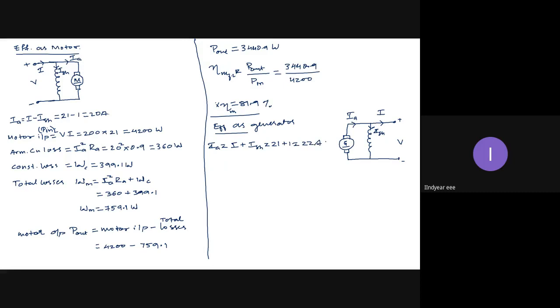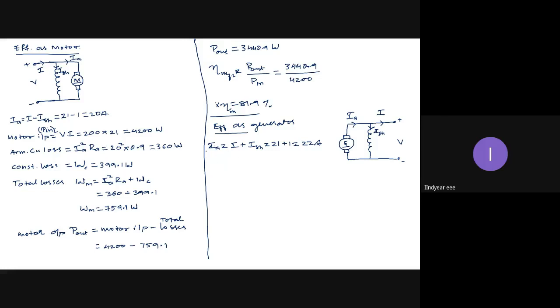So remember, armature copper losses in a generator will be more than the armature copper losses in a motor, because armature current will add up with the field current in a generator, whereas armature current will be deducted with field current in a motor. So armature copper losses in a generator for the same machine will be more than in a motor.